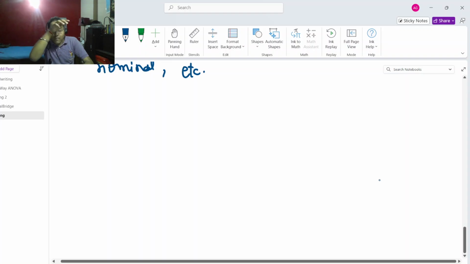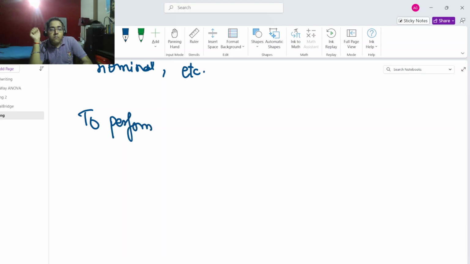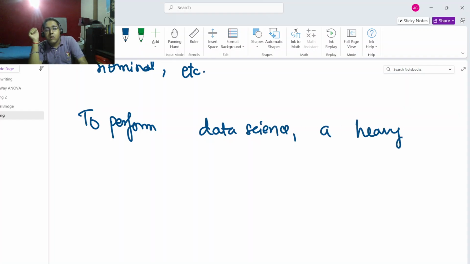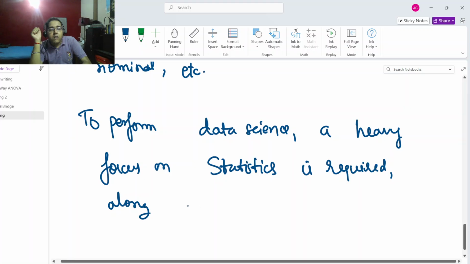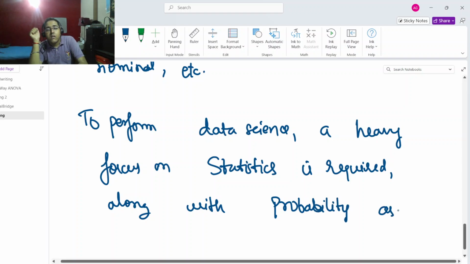So to perform data science, a heavy focus on statistics is required, along with probability as well.